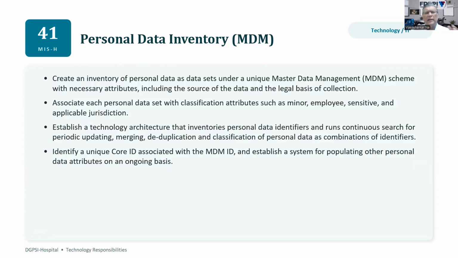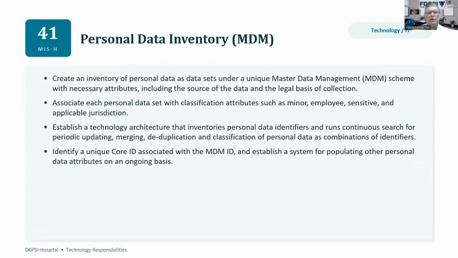Therefore, you need a system where the technology architecture collects the personal data identifiers, and then periodically, by running some kind of aggregation software, identifies the individual data principal, then associates the attributes to that particular person before it is taken to the master data inventory.